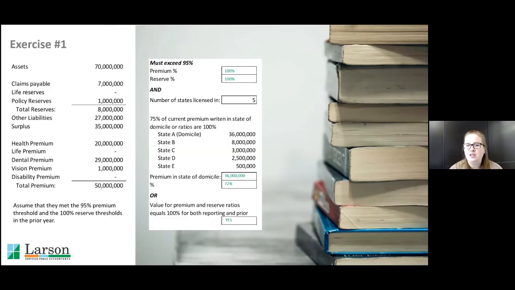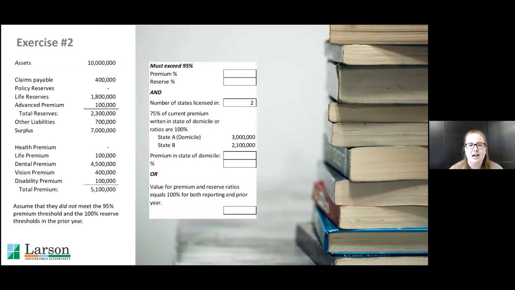But if we remember that fourth box, which asked what their premium and reserve ratios were in the prior year, and we are making the assumption that they were 100% and that they only write health insurance, that fourth option gives them a yes, which suggests they should indeed file the health blank.